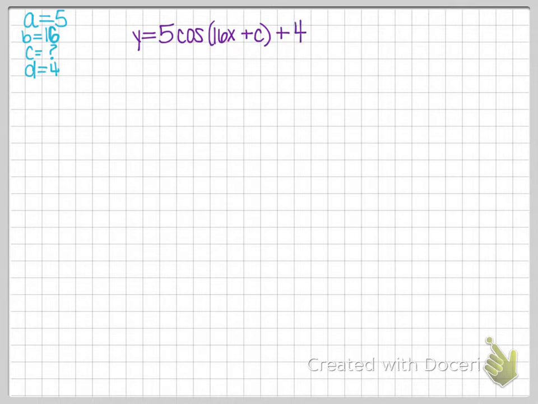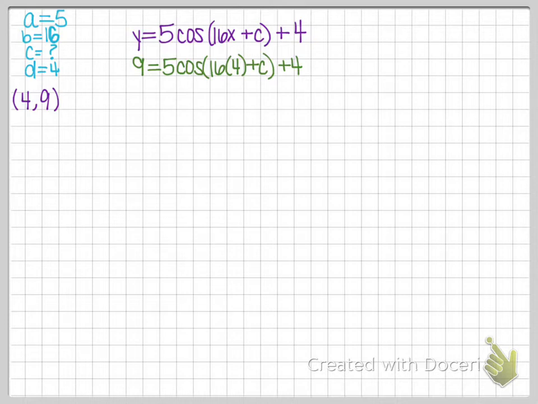So then I had that point (4, 9). So I can put that 9 in for my y, and I can put that 4 in for my x, and start solving.